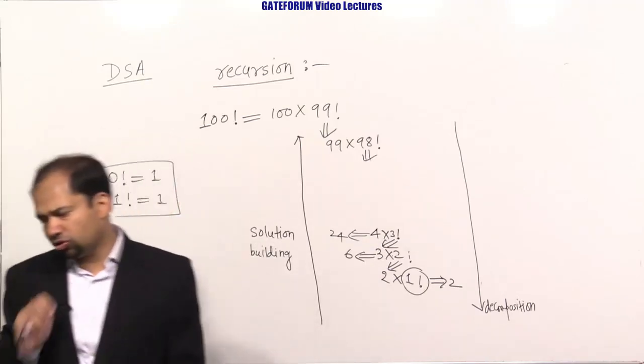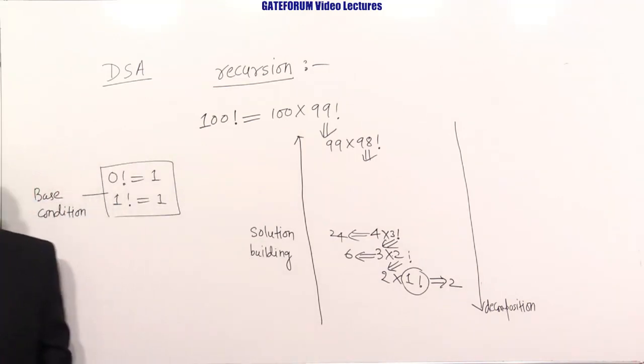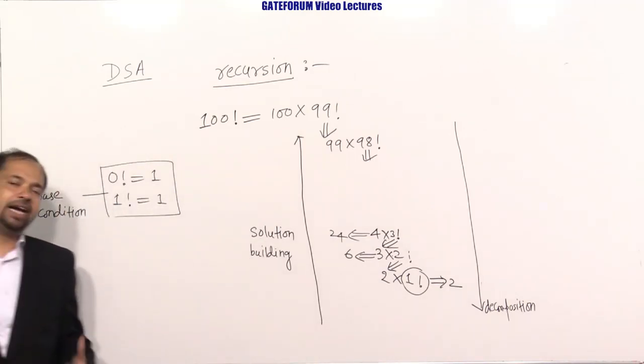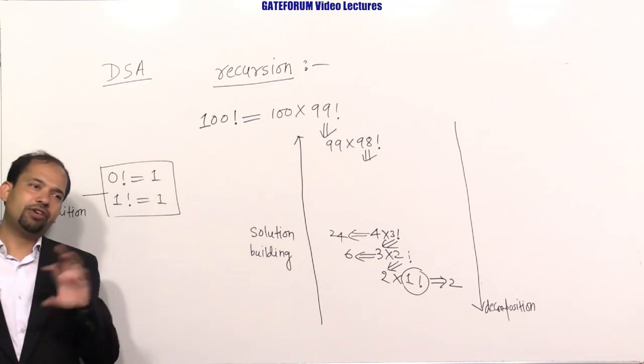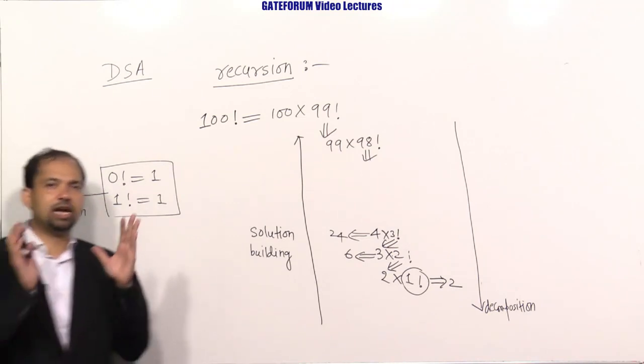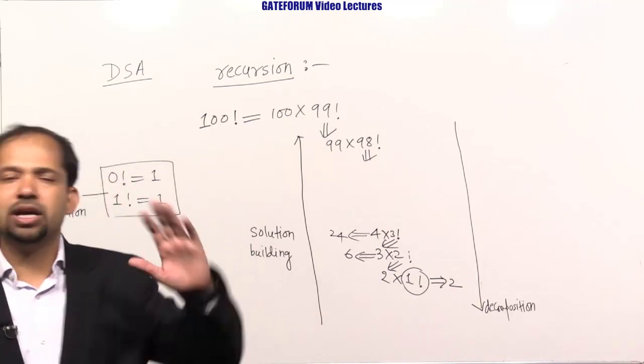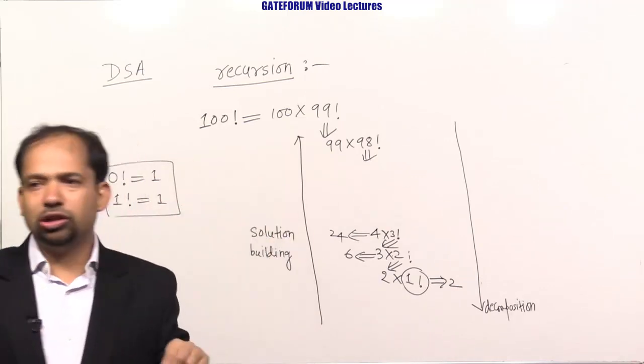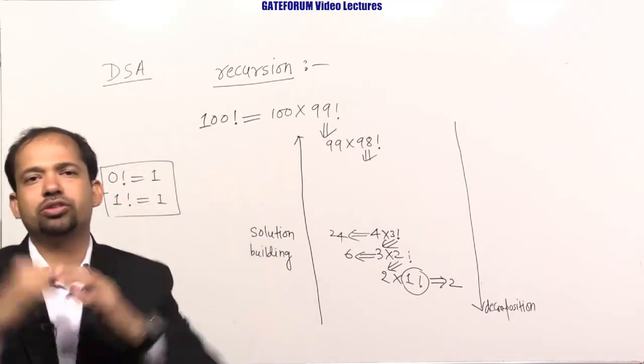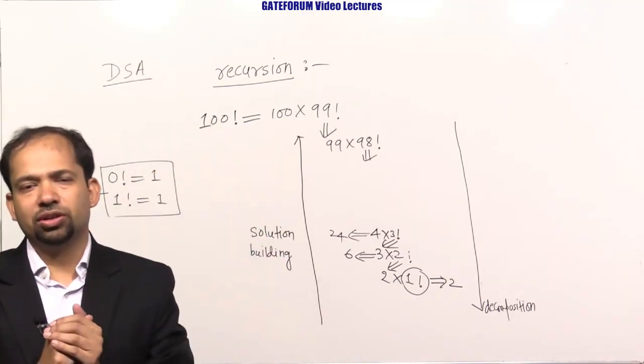Suppose you want to sort numbers, so you can use the idea of recursion. If you have to sort n numbers, you may sort the first n-1 numbers, or you may sort the first n by 2 numbers, then the other n by 2 numbers, and the solutions to n by 2 will combine to give the final answer.